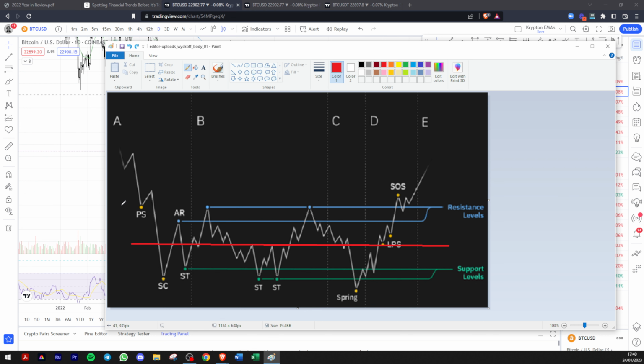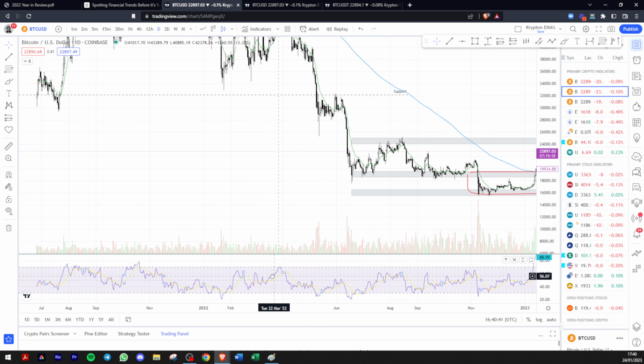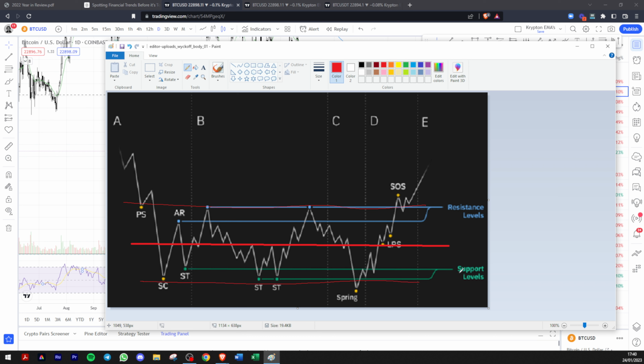So usually when you get into this accumulation zone, you get a strong sell-off into an automatic reaction. The automatic reaction is, once it's sold off so extremely, this rally.